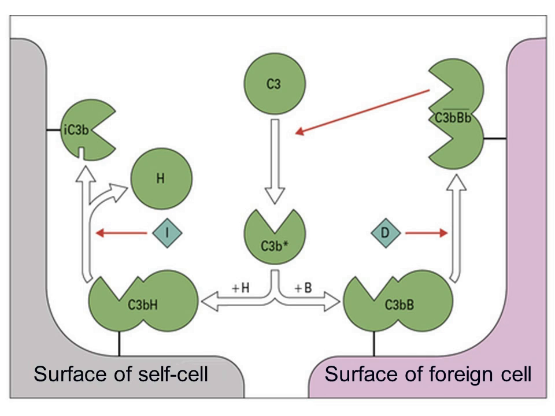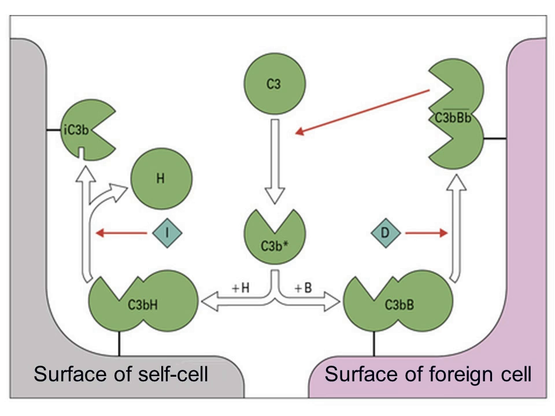This is complement component C3, which is slowly and spontaneously hydrolyzed in the aqueous environment of plasma into active C3b and inactive C3a. This active C3b will bind to a self cell if a foreign cell is not present.